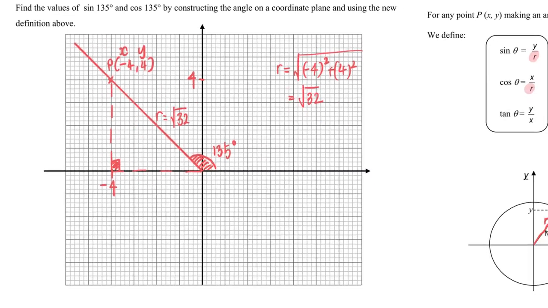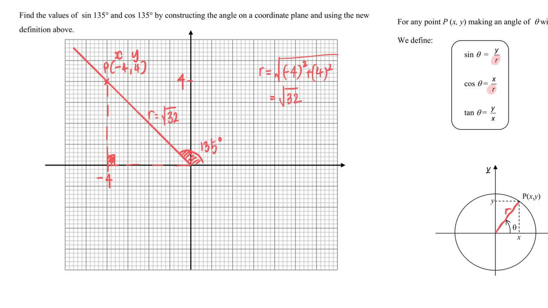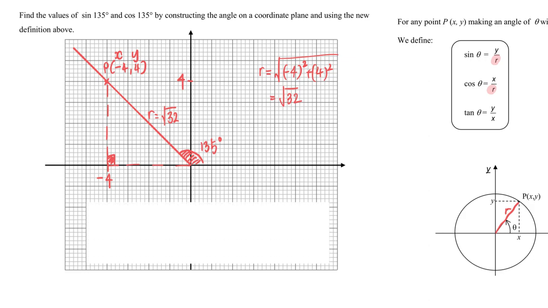So for this particular question, using this definition here, let me create a space below so that it's easier for us to see. This will be my white space here. So for this question, we would have sine 135 degrees is equals to y over r, and my y is 4 and my r is square root 32.